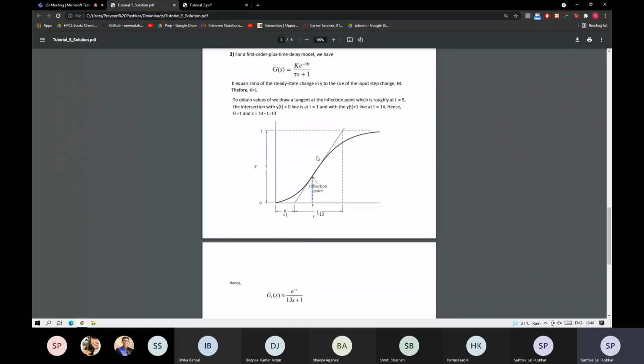Fine. And so you have to figure out the regime where the slope is. So you have to draw a tangent at the point of inflection of the curve.